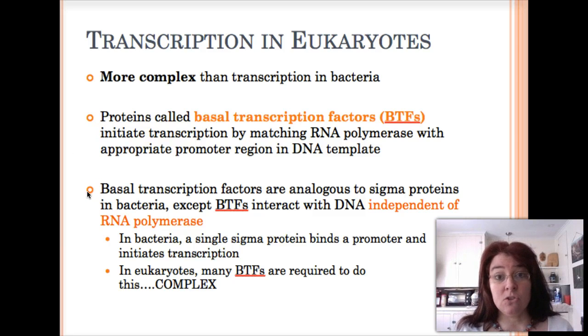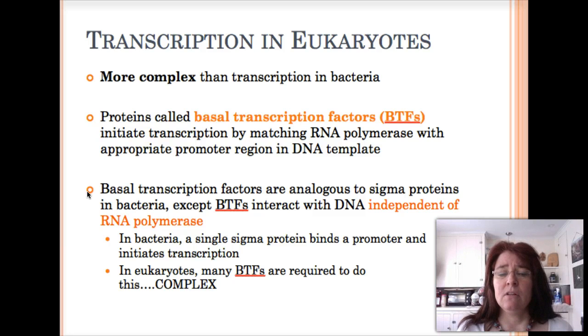They are regulatory. They help get the core of the RNA polymerase enzyme to the correct location on the DNA where transcription should begin. One of the differences between sigma in bacteria and BTFs in eukaryotes is that BTFs can come in and bind to and interact with promoters on the DNA without the rest of the RNA polymerase enzyme.